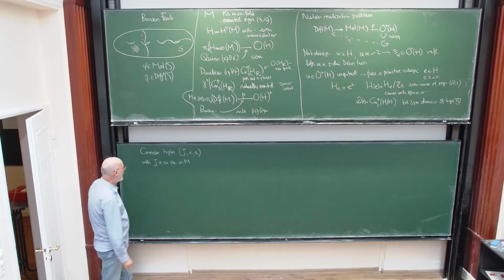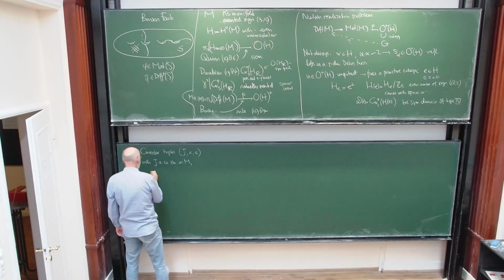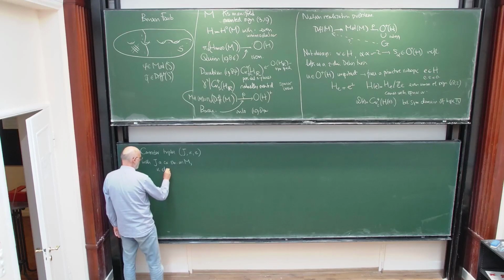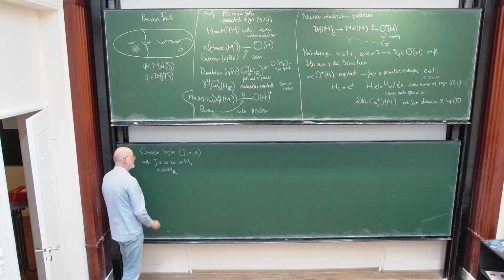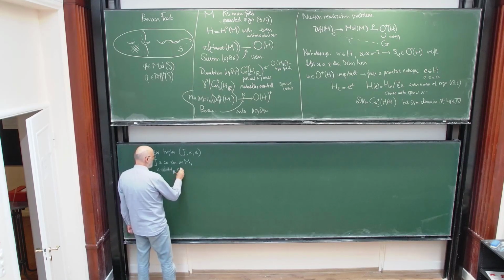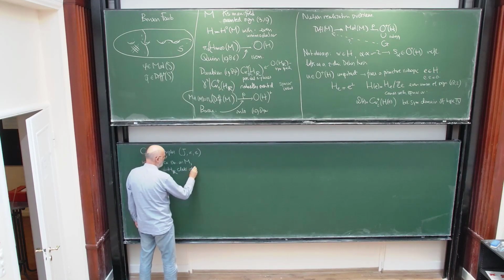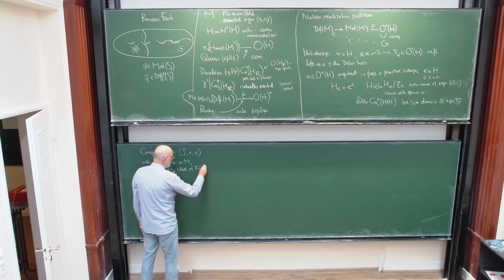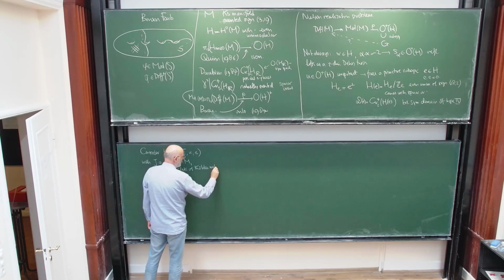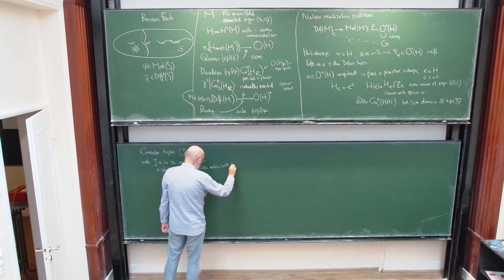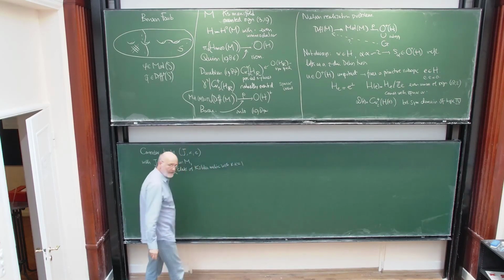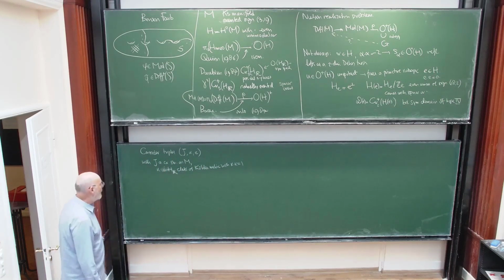Kappa should be the class of a Kähler metric, so it's in H^2(M, R), a class of cohomology, and I normalize it. I want to have self-intersection 1.